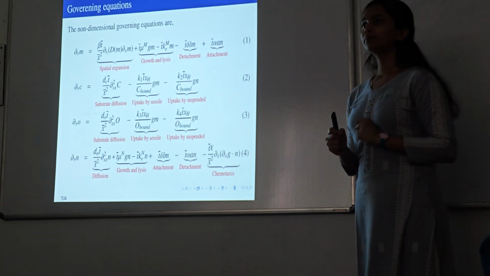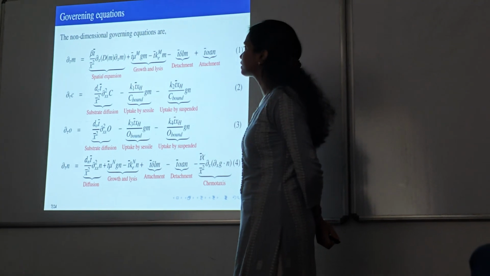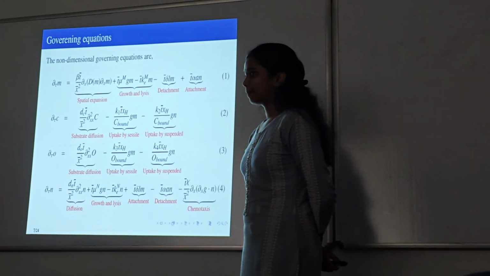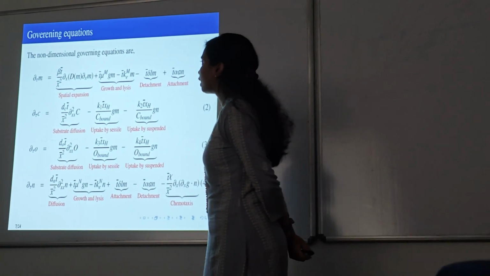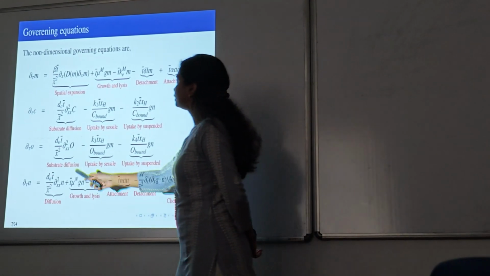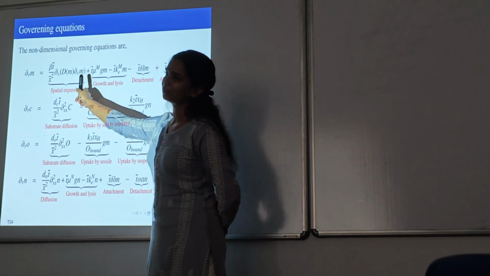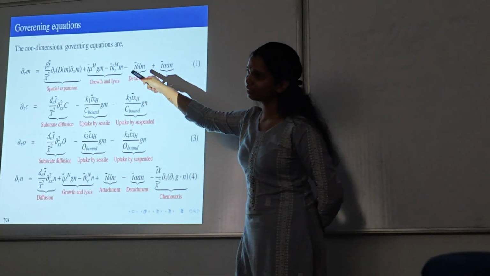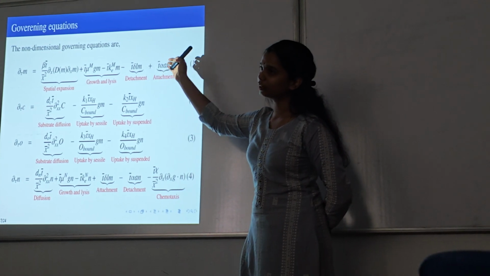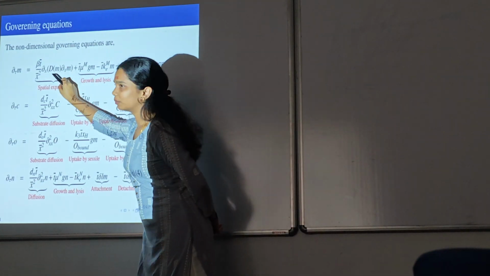Yes. So actually, the independent variable tau, should it be present in the right hand side or not? No, we have only a spatial term. This is the second derivative with respect to x of this term.